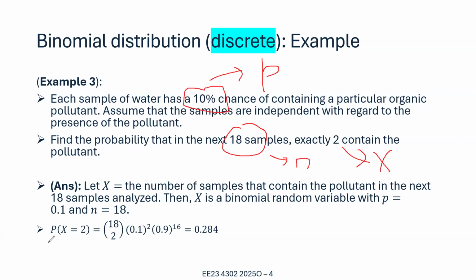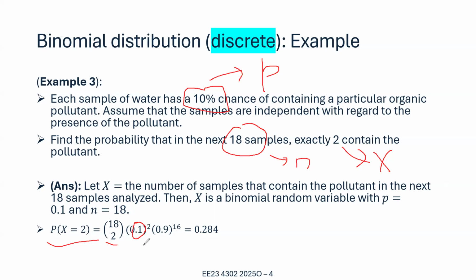So here we have P(X = 2), and this is the combination of 18 and 2. So we take 2 from 18, and the probability here is 0.1. Therefore, p is 0.1, and 1 minus p is 0.9.